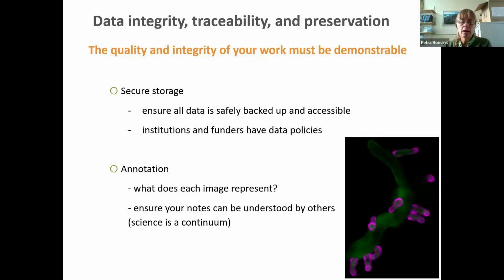You need to know, and other people need to know, what each of your images actually represents and what was done. And you must ensure, therefore, that your notes can be understood by others. Because science is a continuum, you are coming after someone else and someone will come after you.